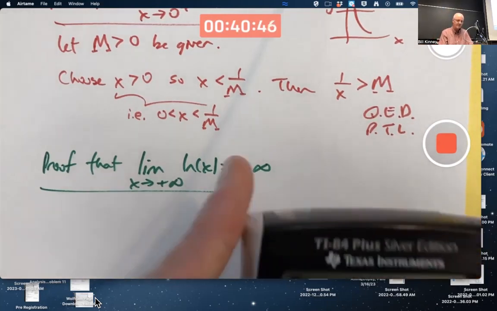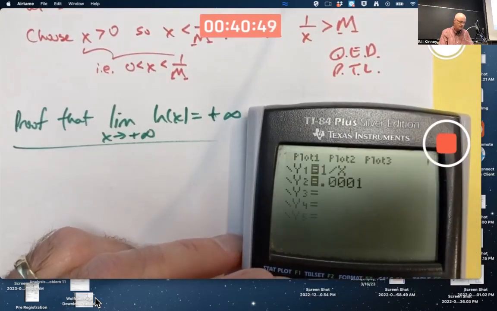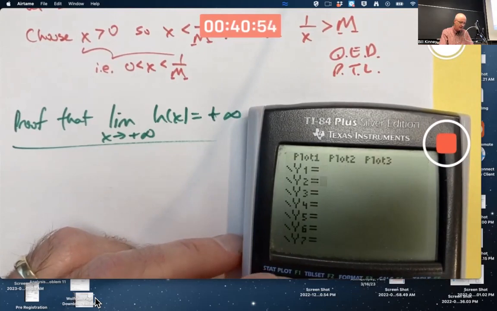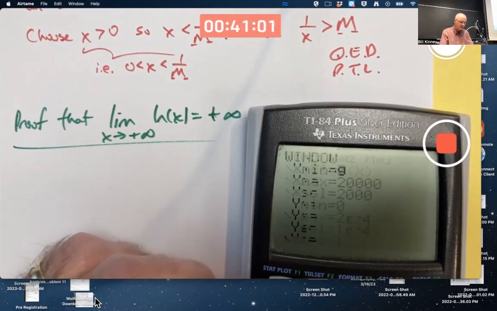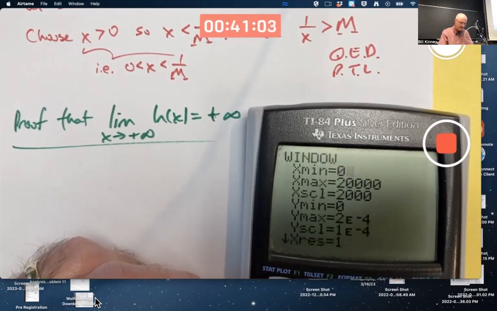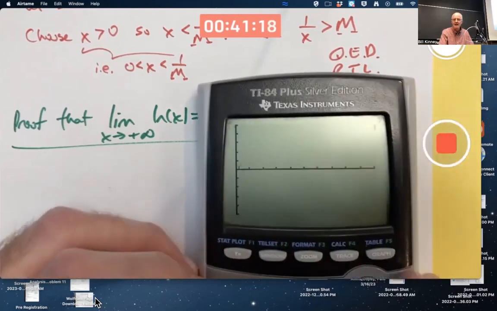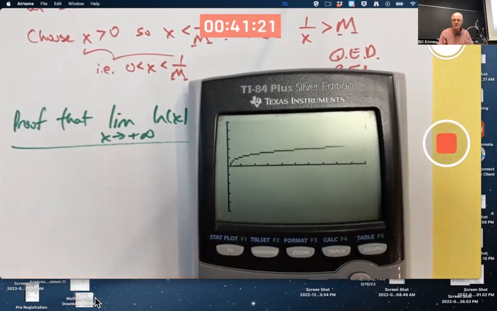If you graph y equals common log of x, log base 10 of x, in your calculator, and pick a typical kind of window, like x goes from 0 to maybe even 100, and y goes from 0 to 5 or so, or maybe negative 5 to 5, it's going to look like it's got a horizontal asymptote.